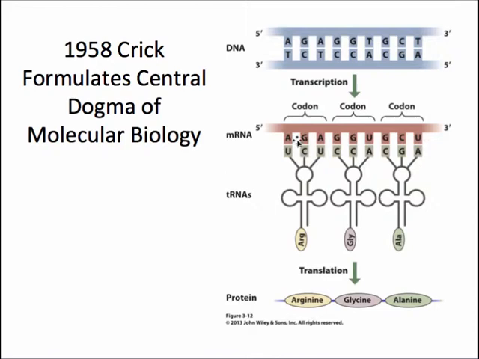Transfer RNAs match from the messenger RNA codon to their anticodon, and these transfer RNAs carry with them and match up amino acids. And as they do so, we start to make a polypeptide chain through the process of translation.